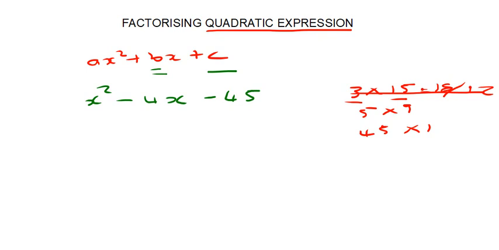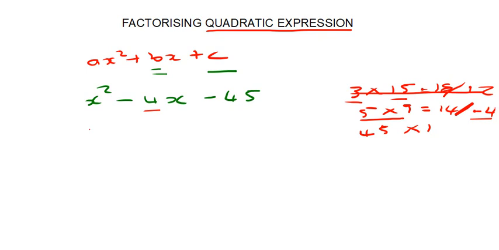When you add 5 and 9, you get 14. But when you subtract them, you get minus 4. So the factors that you have to use are 5 and 9, since you get 4, which is the same as the value of b. So these are the factors you're going to use.